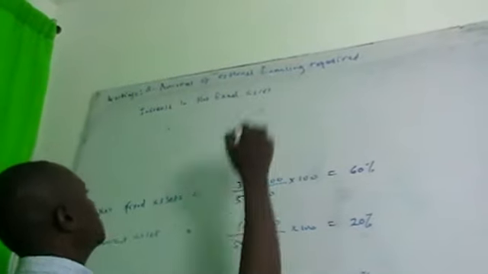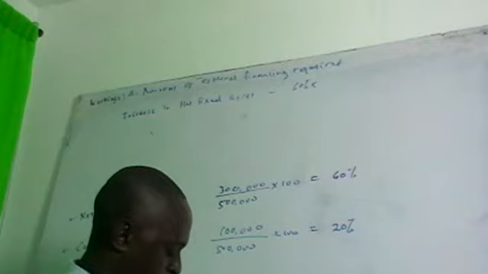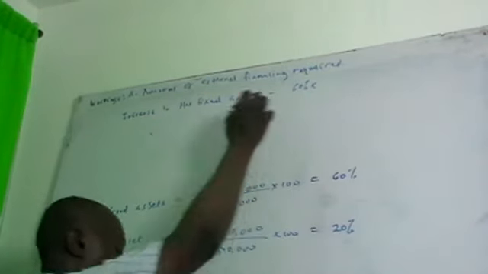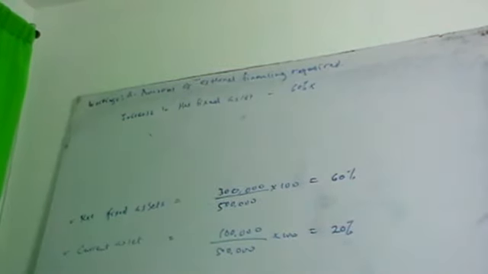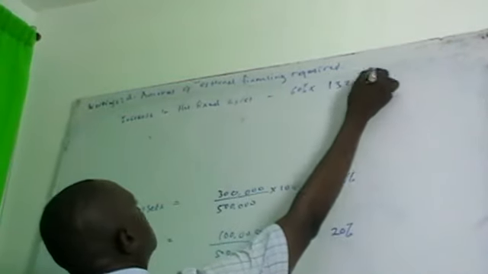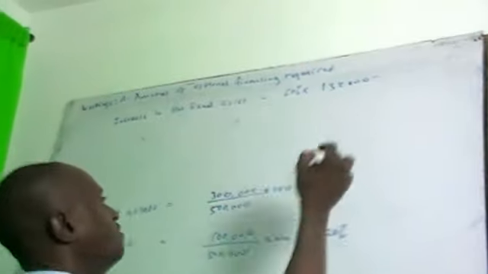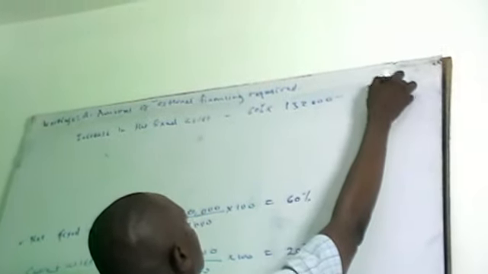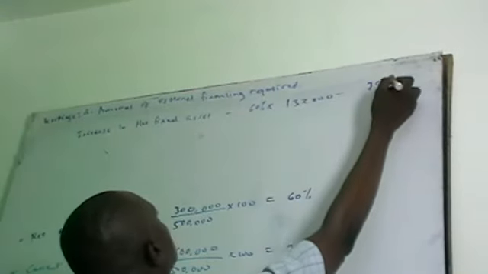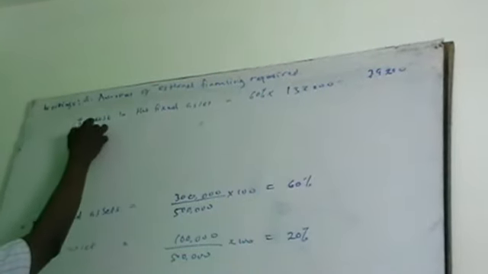So our increase in fixed assets will be, you take the 60% times the increase, which is 132,000. So we have 60% times 132,000. That gives us 79,200.